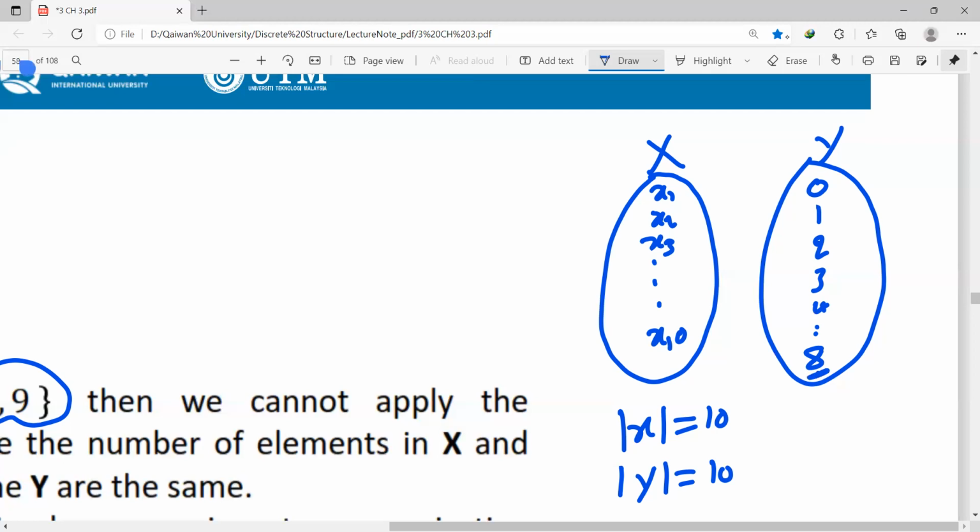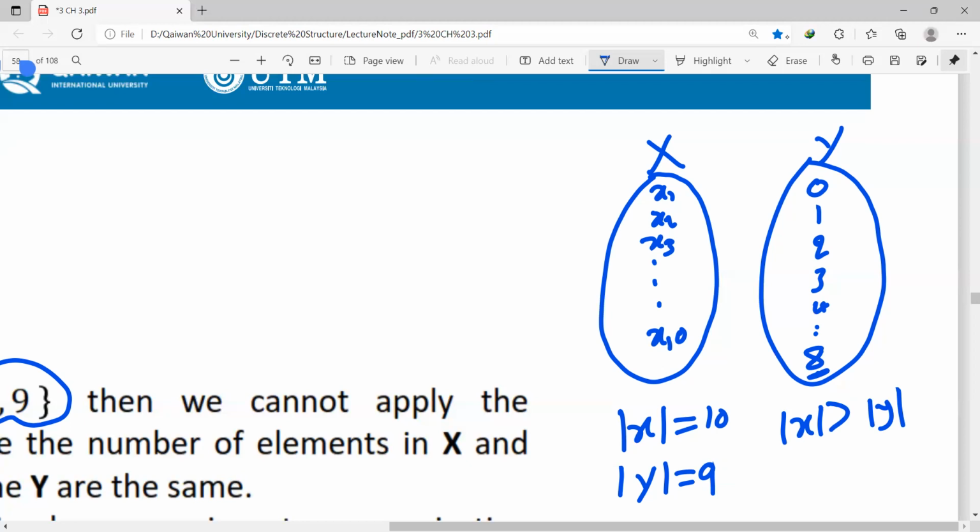Okay. Now we have the cardinality of y is 9. So in this case, the cardinality of x is greater than the cardinality of y.